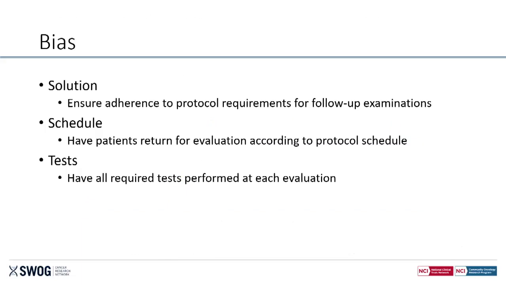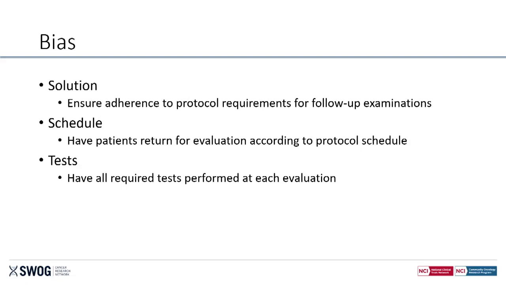So bias, it's first off designing the protocol, writing the protocol appropriately, but it's adherence to what the protocol requirements are for follow-up evaluations where at all possible. And there's reality on the ground, so it's where at all possible. It's scheduling the patients' return to evaluations for the protocol schedule, absolutely critical.